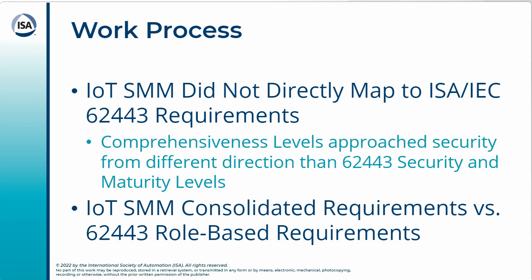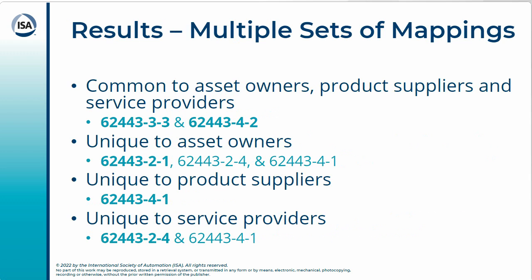And so what we did is we came up with this consolidated requirements mapping that allowed us to relate to the different 62443 roles. What we ended up with is basically four different sets of mappings.